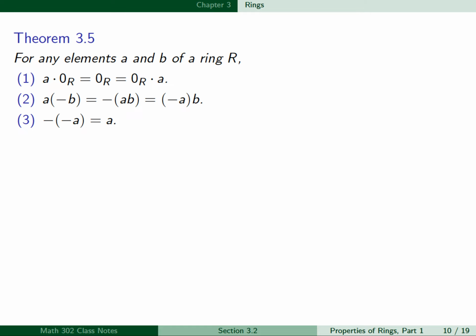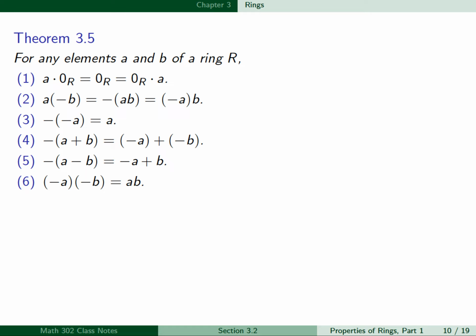For 3, we have minus minus A is equal to A. 4: minus the quantity A plus B is minus A plus minus B. 5: minus the quantity A minus B is minus A plus B. 6: minus A times minus B is equal to AB.